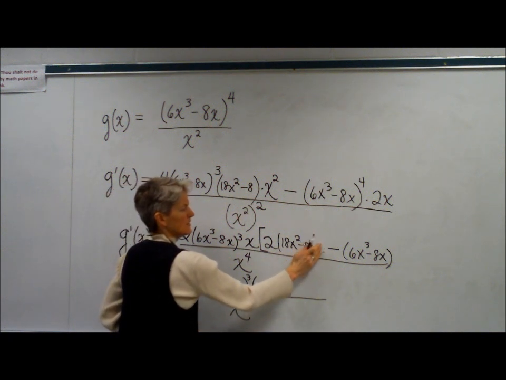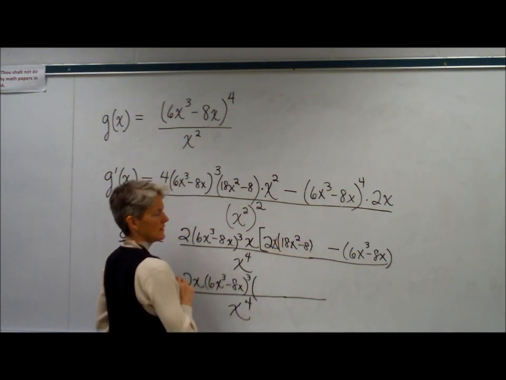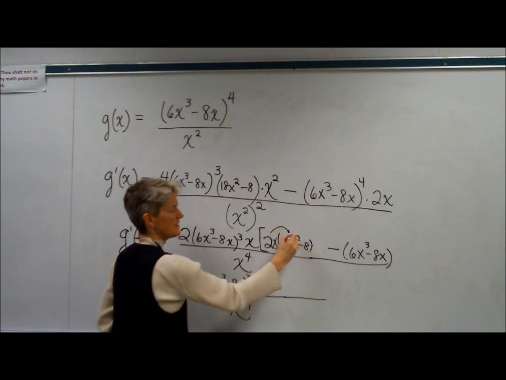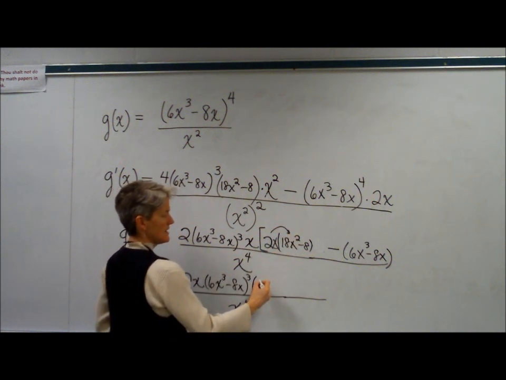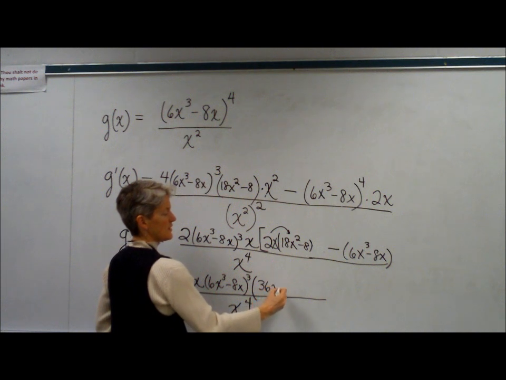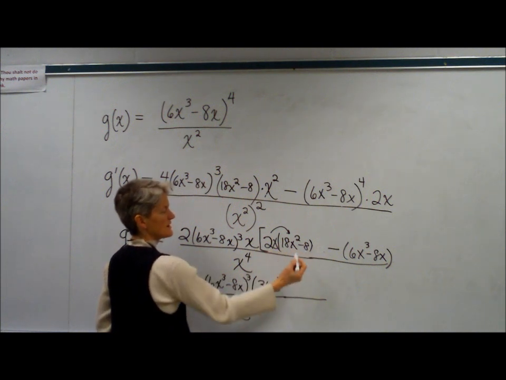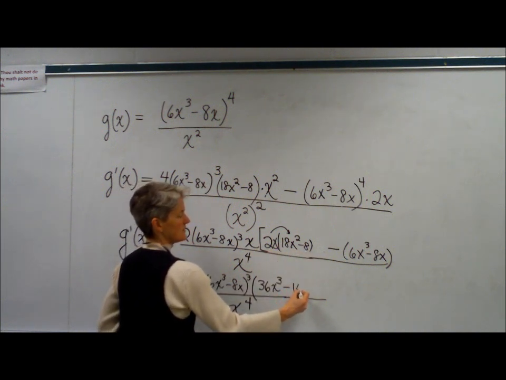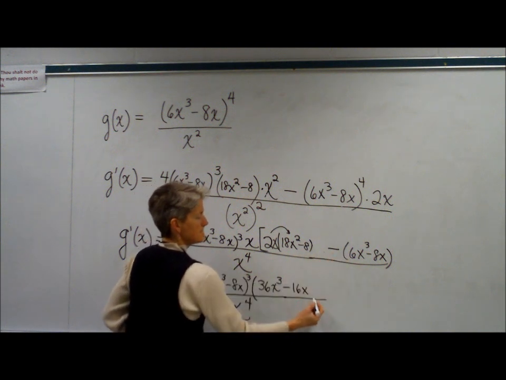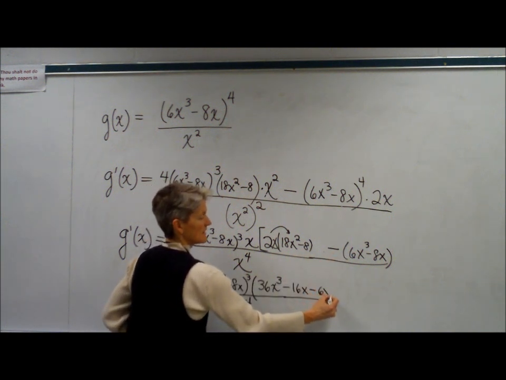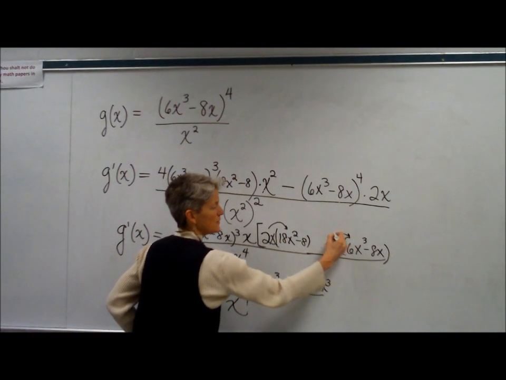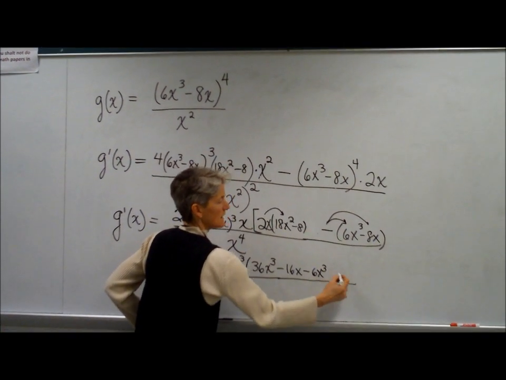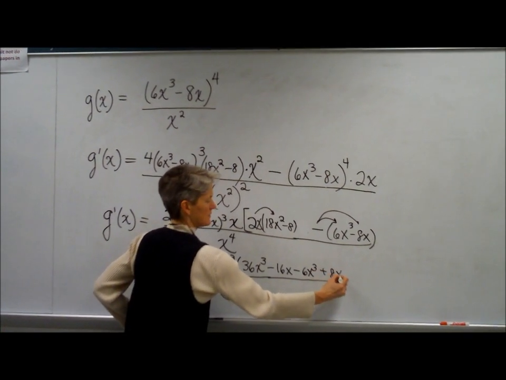Can I just do this? 2x times 18x squared is going to be 36x to the third. 2x times negative 8, negative 16x, minus 6x to the third. Don't forget to distribute that negative, plus 8x.